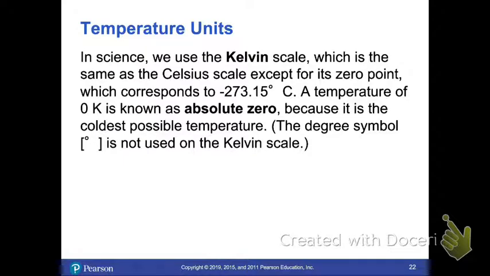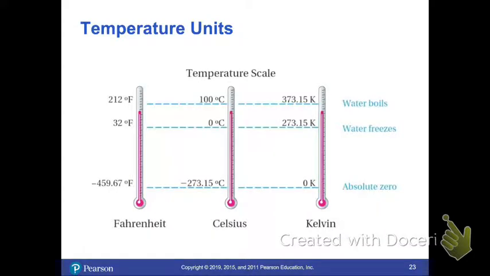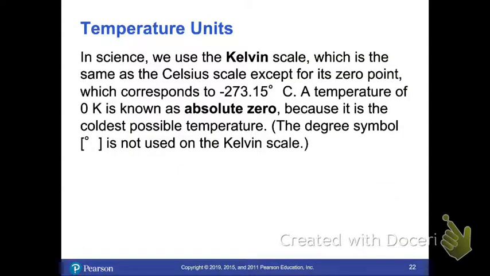Okay. Now in science, we use this temperature scale called Kelvin. Kelvin is similar to Celsius, but the 0 point corresponds to negative 273.15 degrees Celsius. The temperature of 0 K, where K is the unit for Kelvin, is what we call absolute zero.